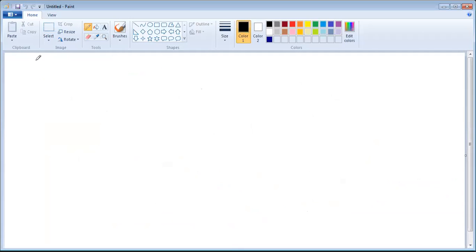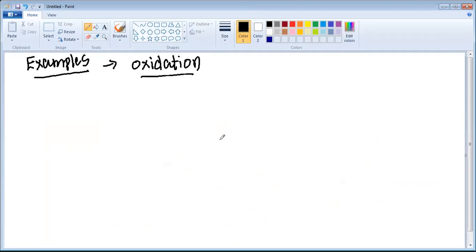Now let's look at the examples of the combination reactions. Mostly the oxidation reactions are combination reactions. So what is oxidation?